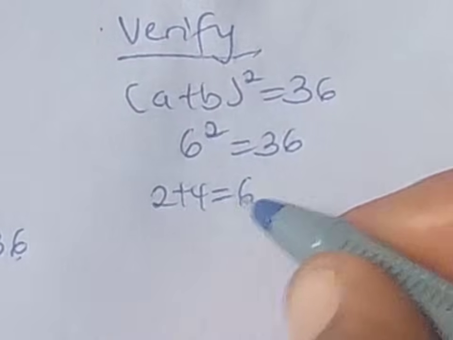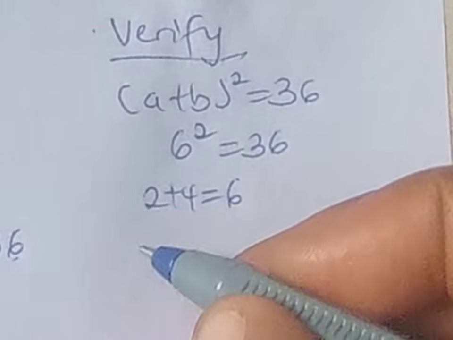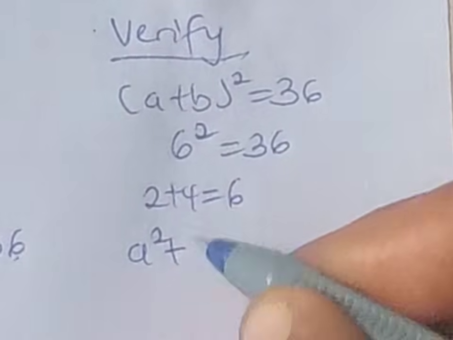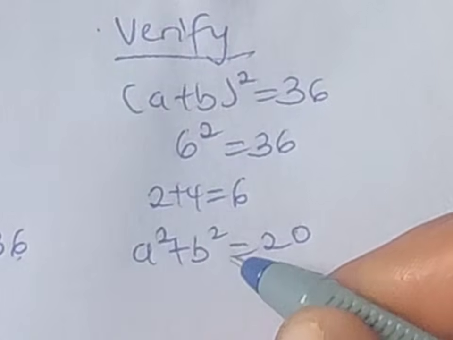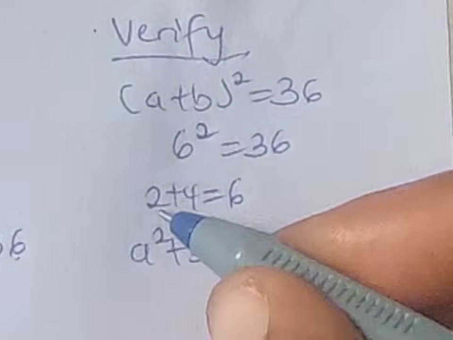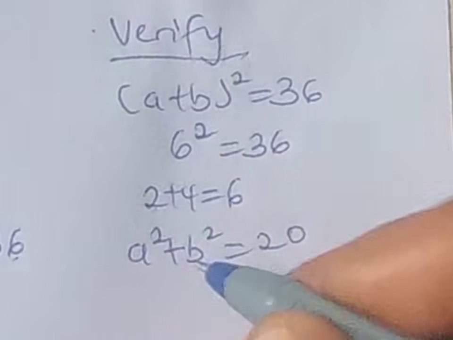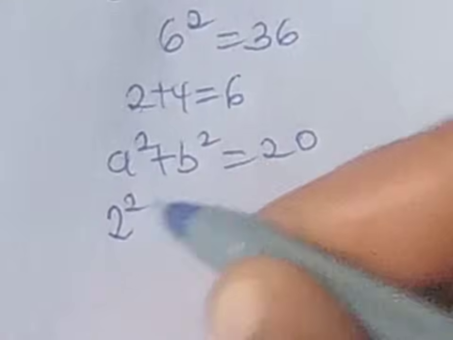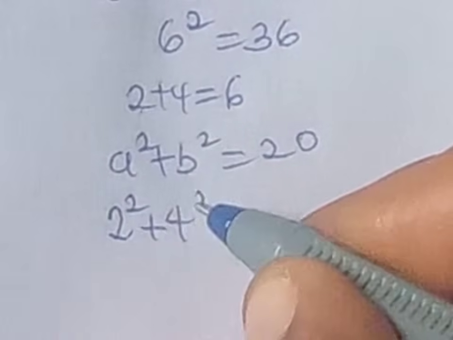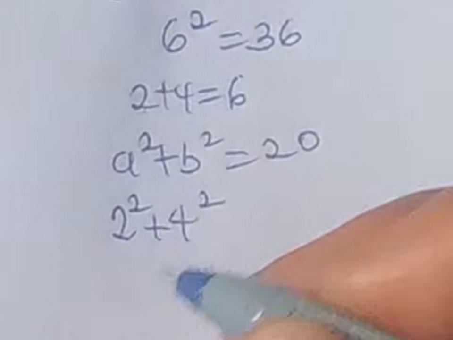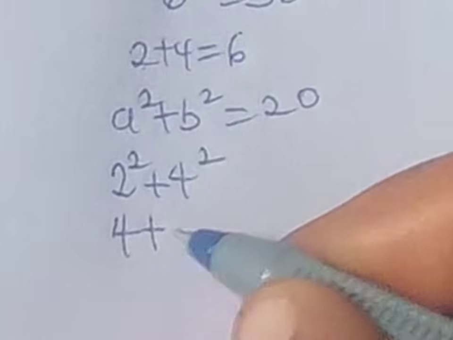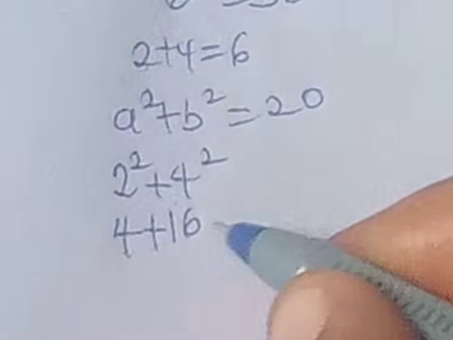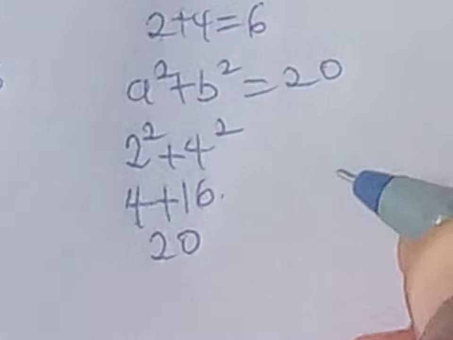Now let's check our first equation, which says a square plus b square equals 20, where a equals 2 and b equals 4. So we have 2 square plus 4 square. 2 square means 2 times 2, which is 4, plus 4 square, 4 times 4, which is 16. 4 plus 16 equals 20.